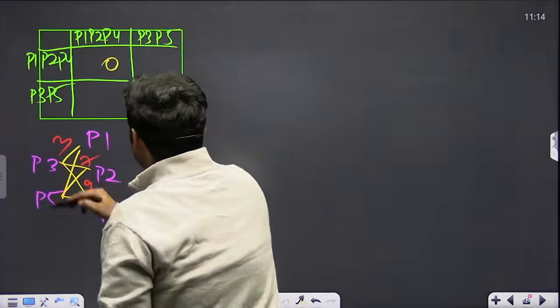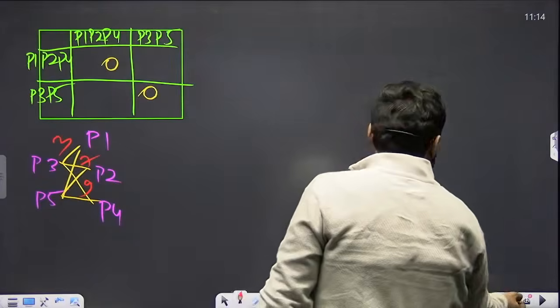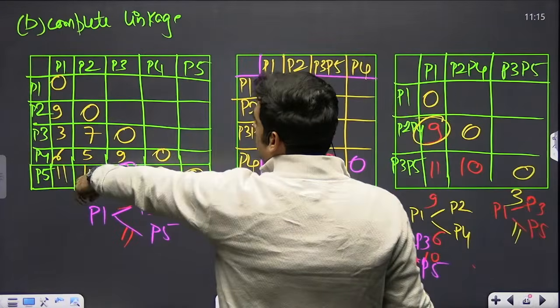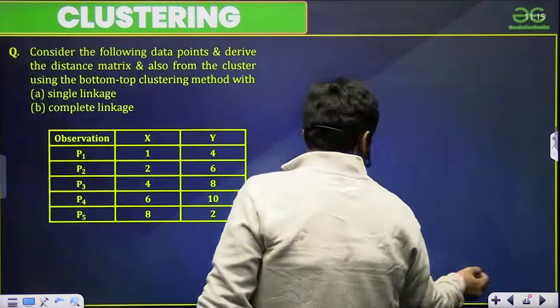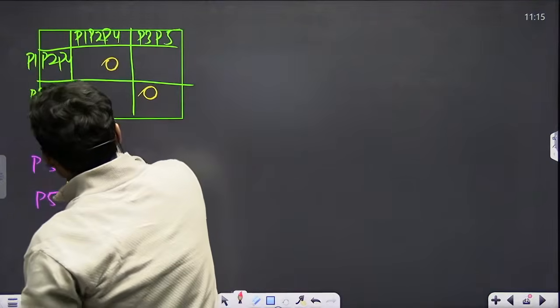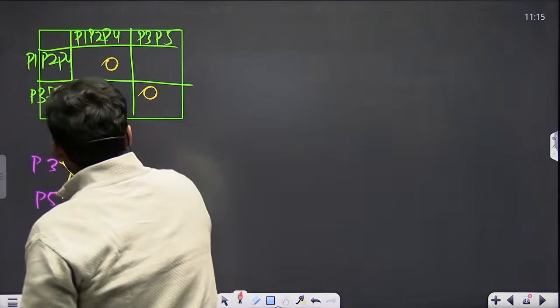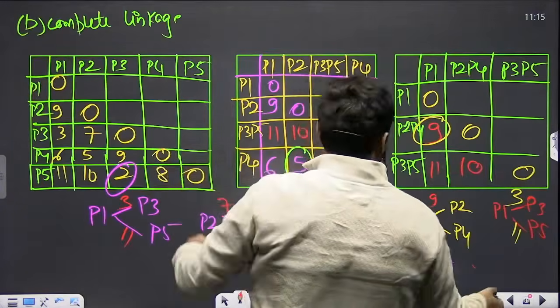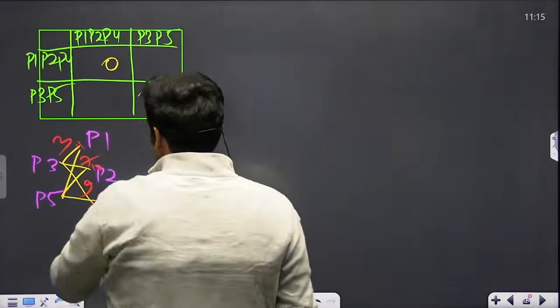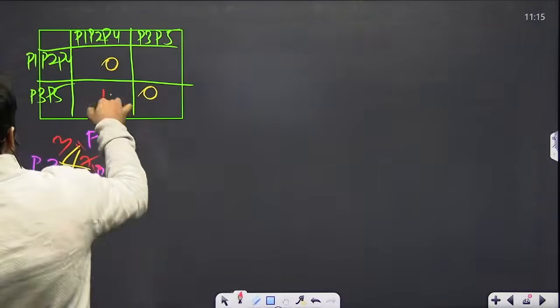Now P1 P5, P2 P5, P4 P5: 11, 10 and 8. So this is 11, this is 10 and this is 8. What is the maximum one? That is 11, so I'll be writing 11 here.